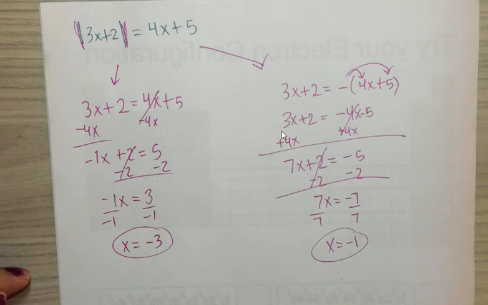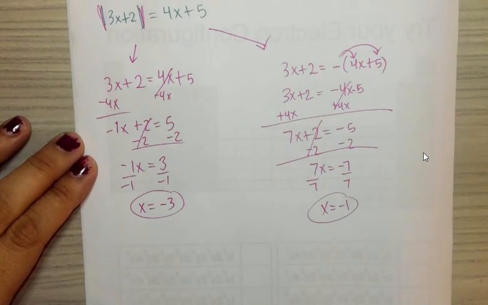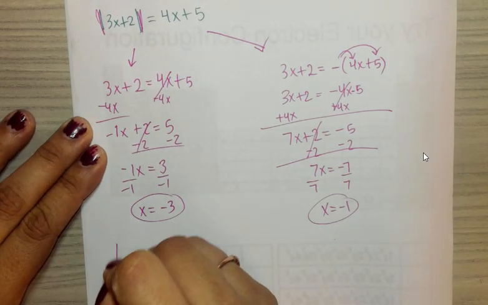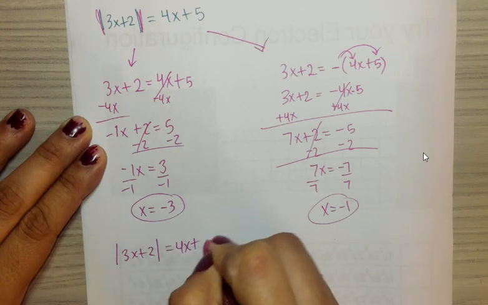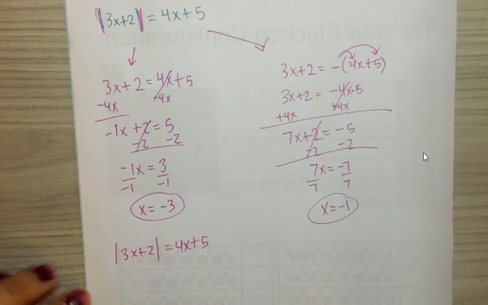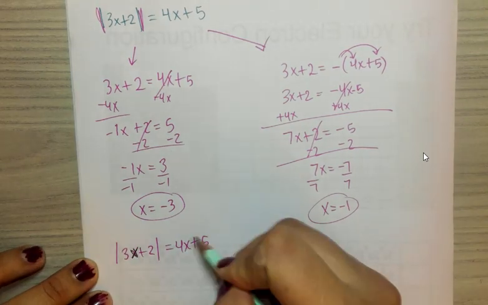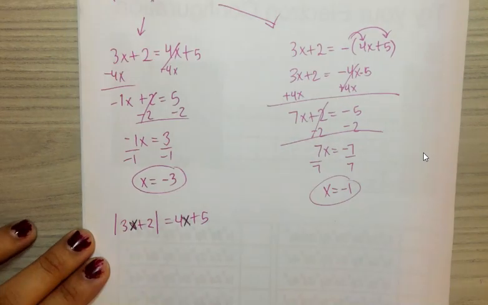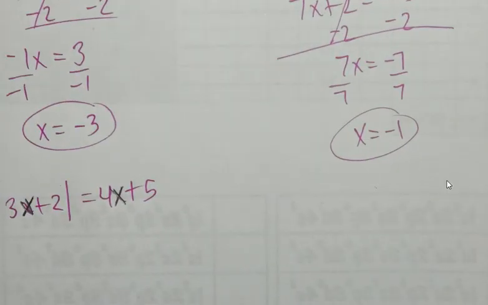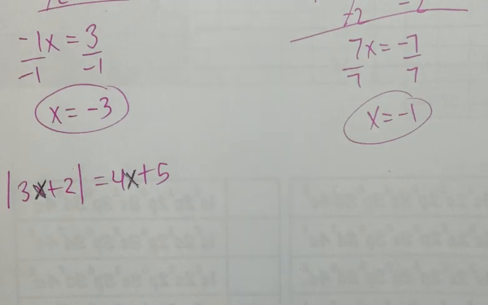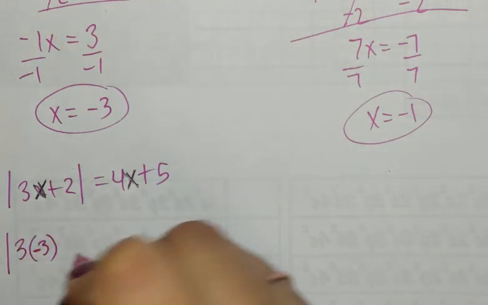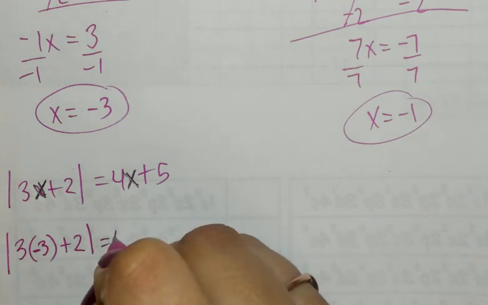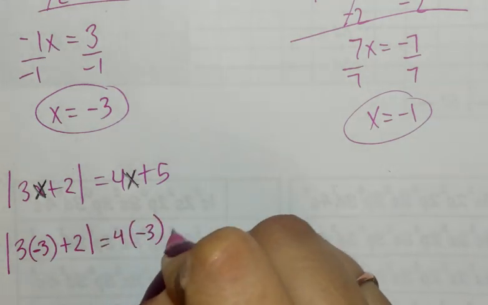But now we're going to plug those answers in and check. So I'm going to write absolute value of 3x plus 2 equals 4x plus 5, and I'm going to substitute for the x both of those values. So the first example will look like this. Absolute value of 3 times negative 3 plus 2 equals 4 times negative 3 plus 5.